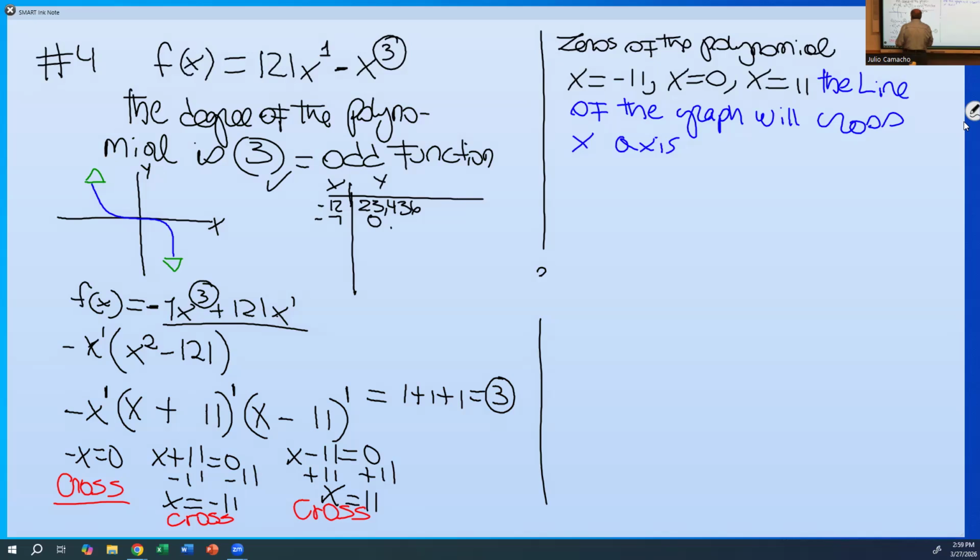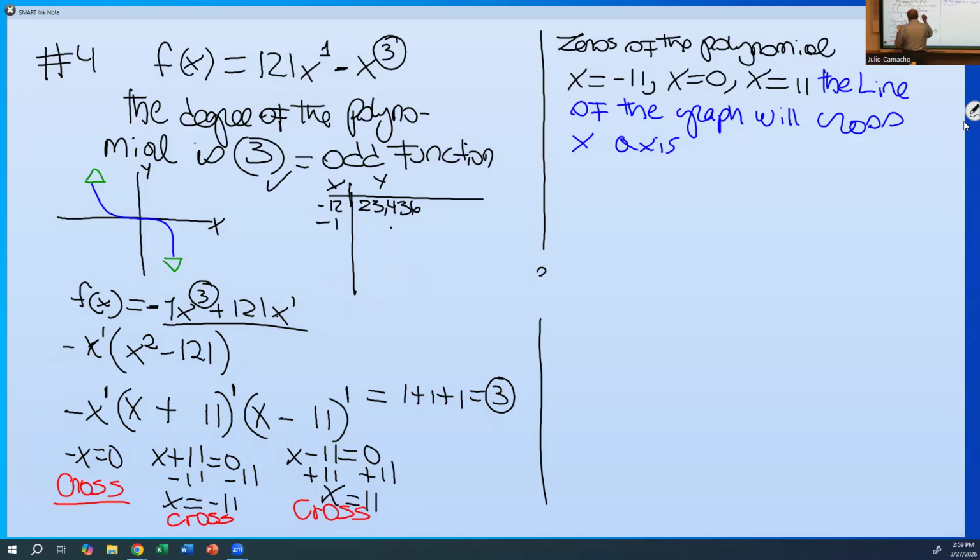Let me try to find out something before I keep writing numbers. Yeah, that is not very accurate. We put the most important points. When x is 0, y will be 0. Let me put negative 1 because it's important.